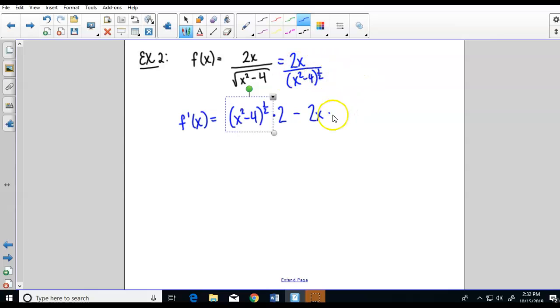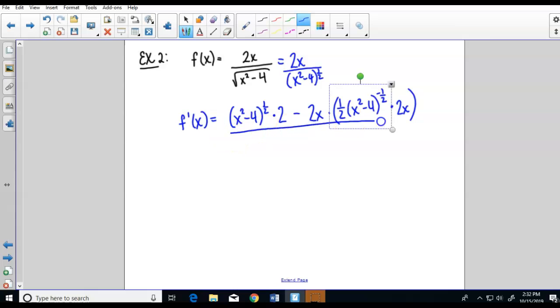Here's where you're going to have to use that chain rule. So you'll have 1/2 x squared minus 4 to the negative 1/2. And then you got to multiply that by the derivative of x squared minus 4, which is going to be 2x, all over x squared minus 4 to the 1/2 squared.